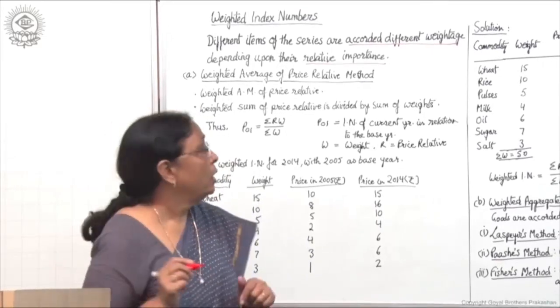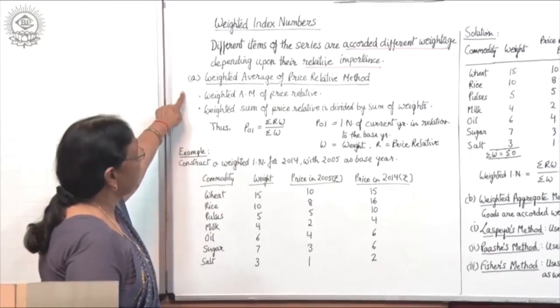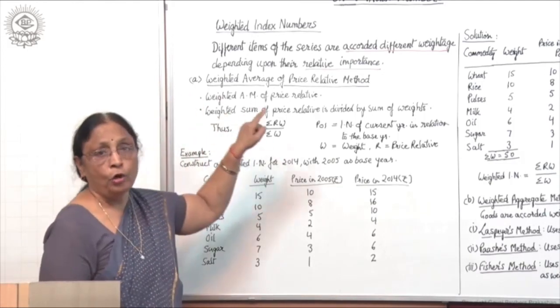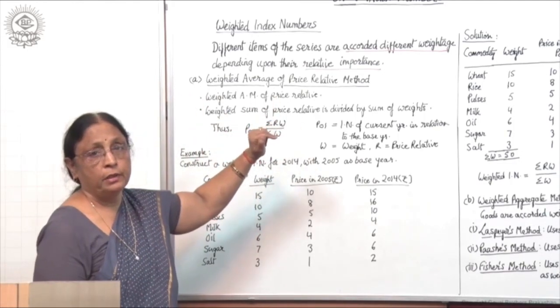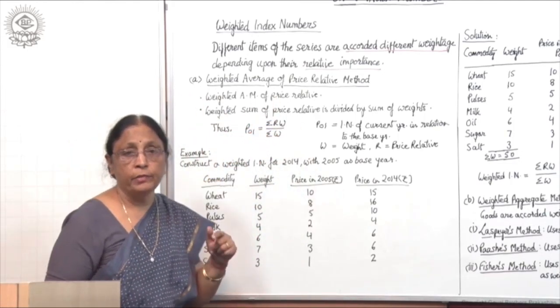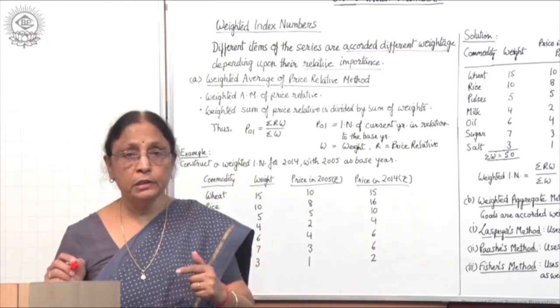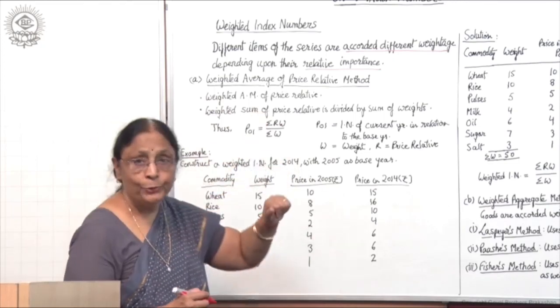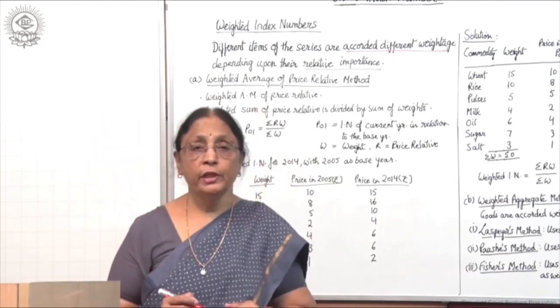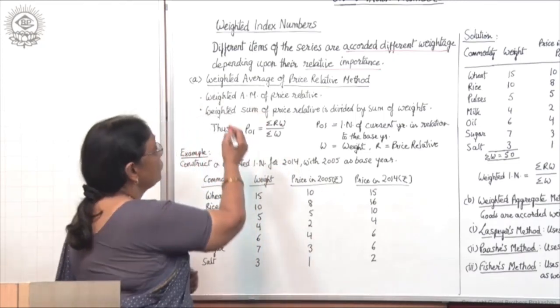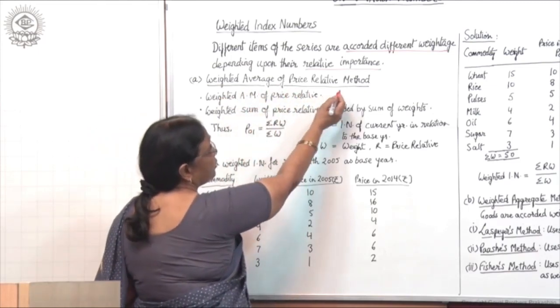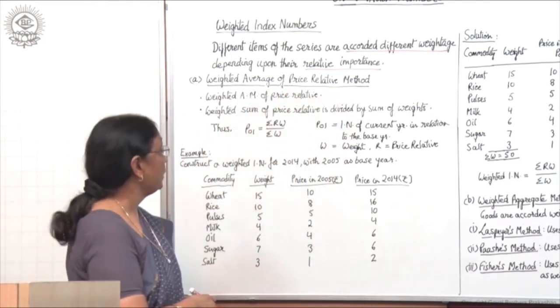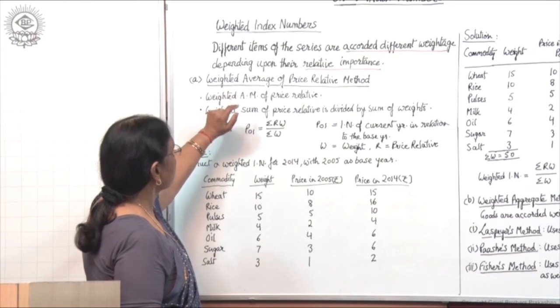Right? Now we will take two methods of weighted index numbers. In the case of simple index number, we learned two methods. Similarly, in the case of weighted index number, we have two methods of measuring index number. One is the weighted average of price relative method. This is the first one that we are taking. Now what is this?